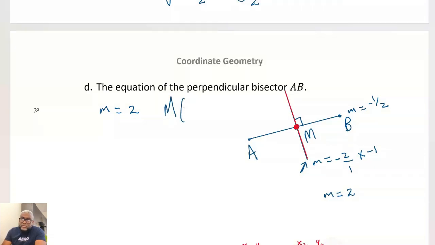No, wait. You talk about small m, which is the gradient. Give me the coordinates of capital M, which is your midpoint.